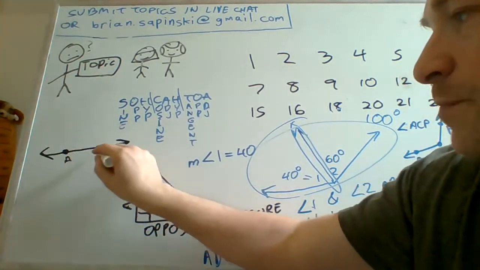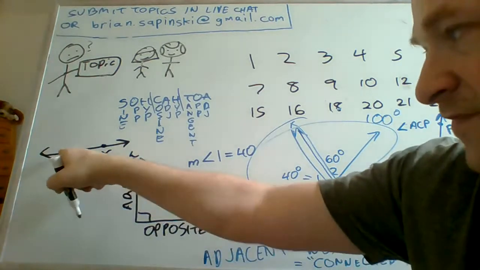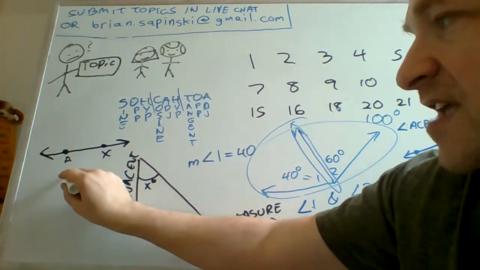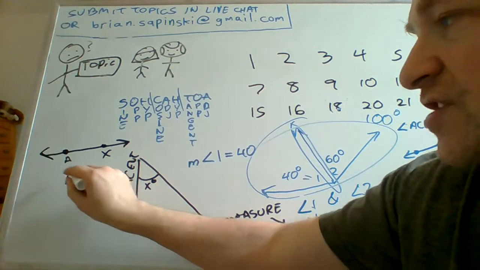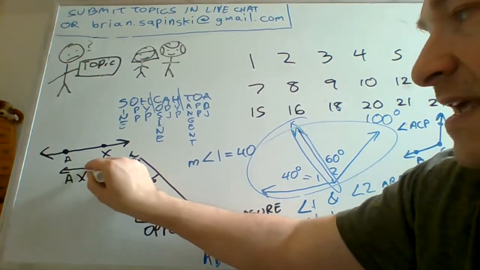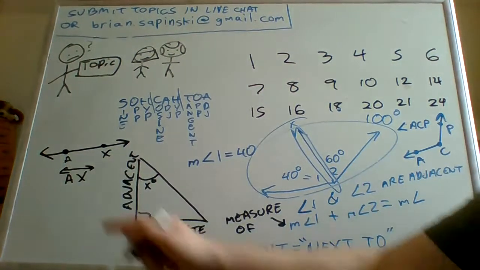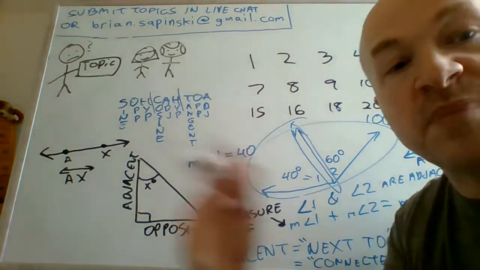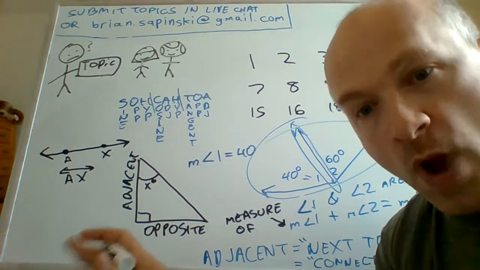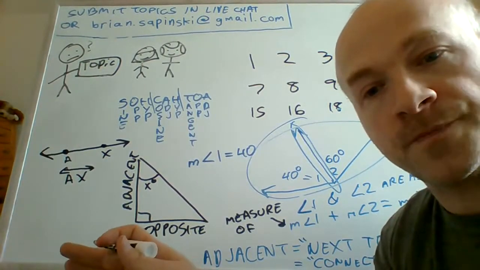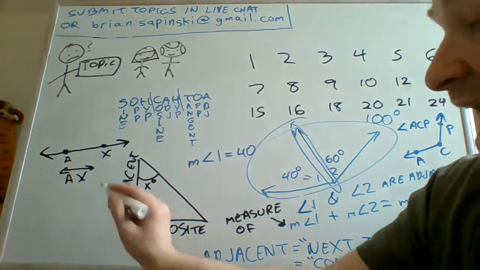And if those points have names, if you know any two points that sit on the line, you could write it just like that and call it line AX. The double arrow is the symbol for when you have a line that runs forever, just like that.